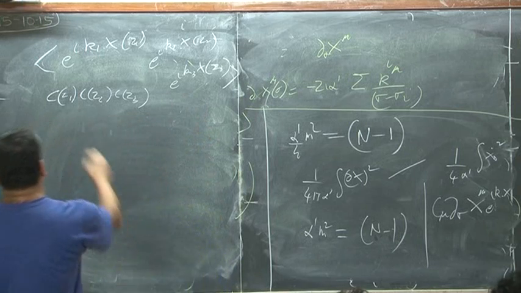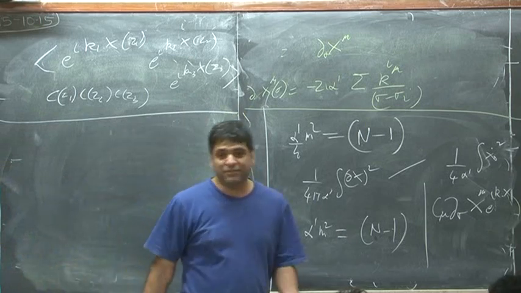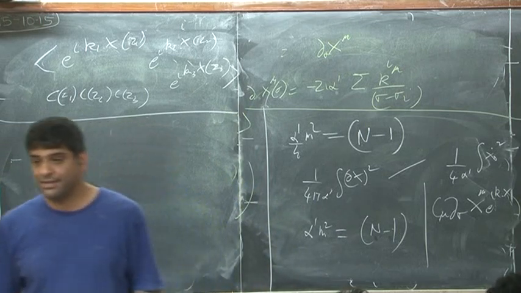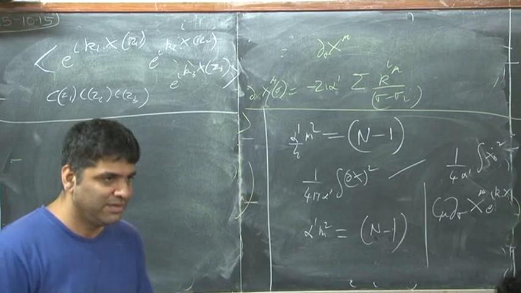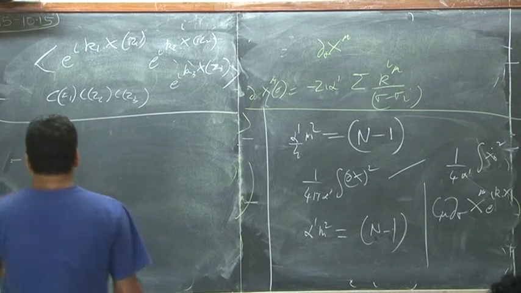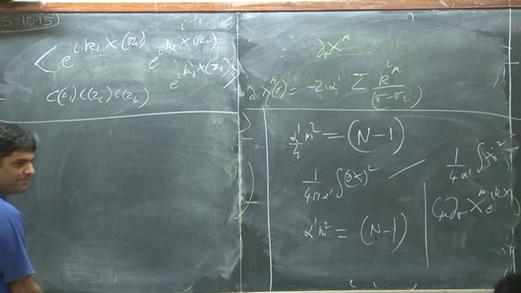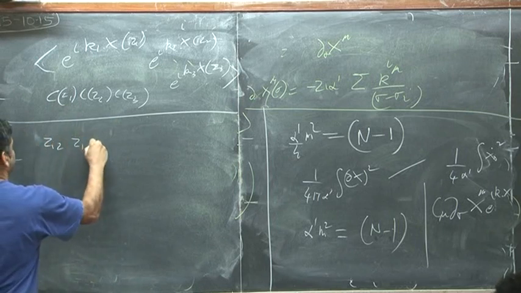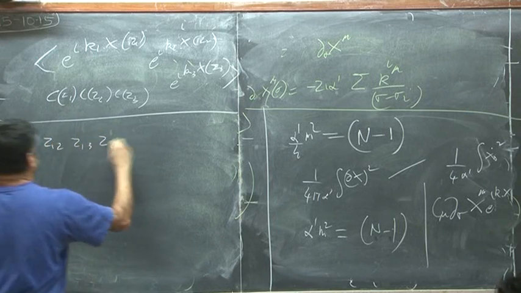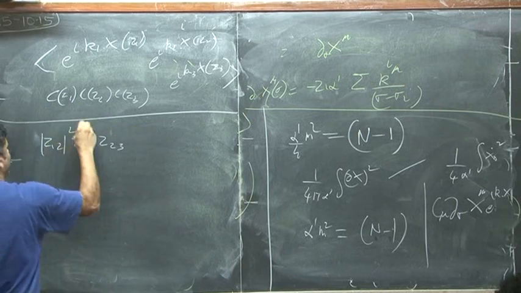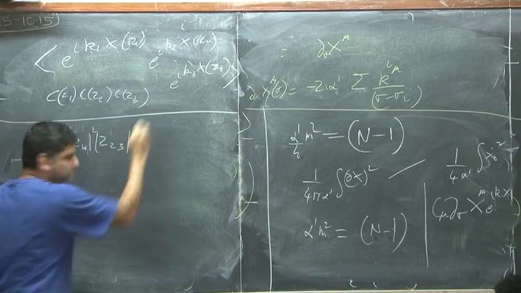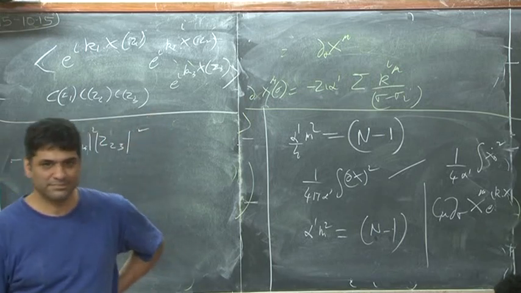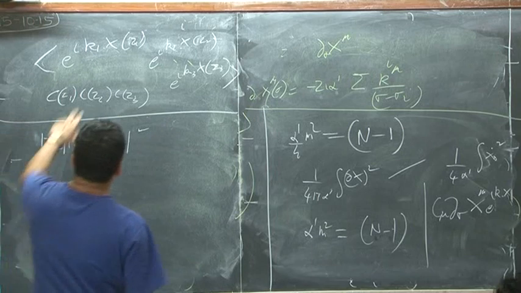Now, one of the checks of all of this is that if everything is working out right, the answer should not depend on what z1, z2, and z3 are. This allows me to draw up the checks already. So let's do this. This guy, we knew how to calculate it. This was z12, z13, z23 times its bar. What about these guys?